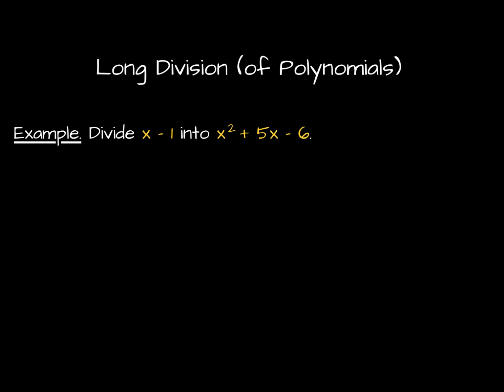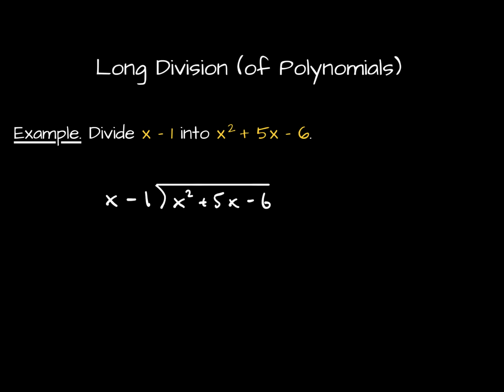We begin by writing down standard long division notation. This time, the divisor x minus 1 appears on the left, and then on the right, underneath our special division symbol, we will write down the dividend, x squared plus 5x minus 6.